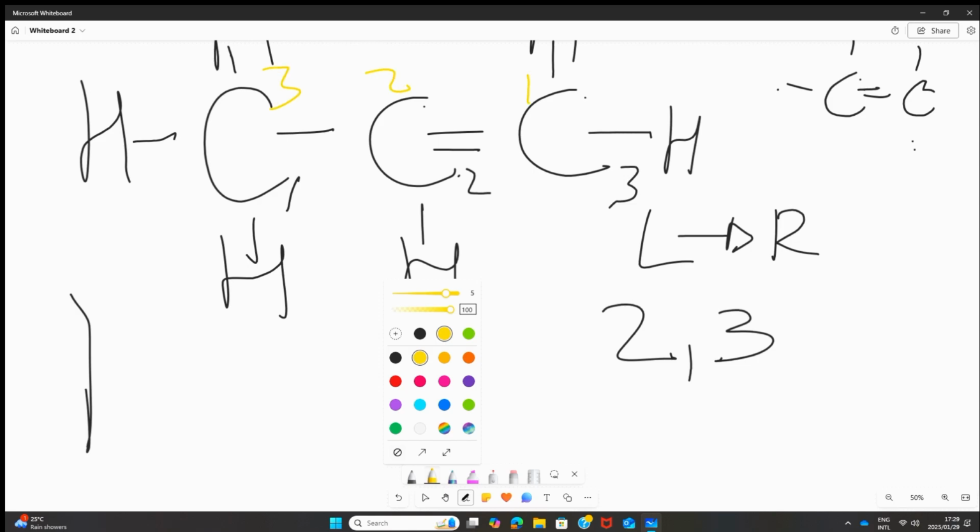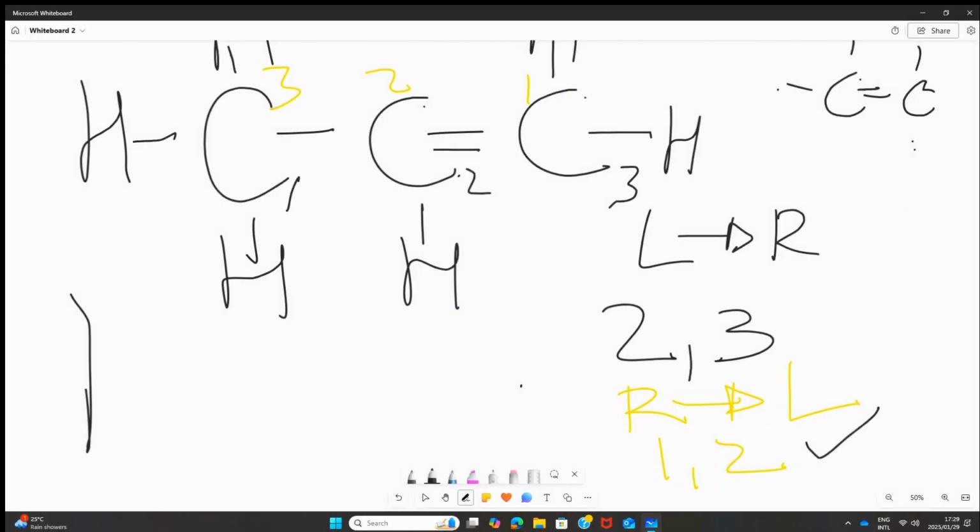So the lowest number we have there is actually between 1 and 2. So we have to stick to 1 and 2, because remember, your functional group should have the lowest number possible.